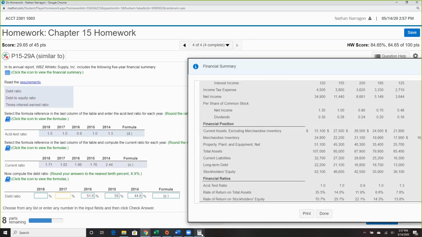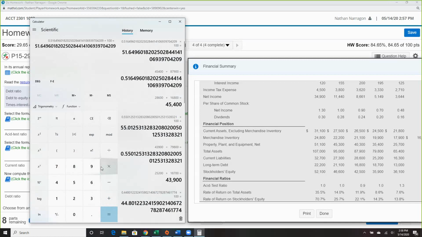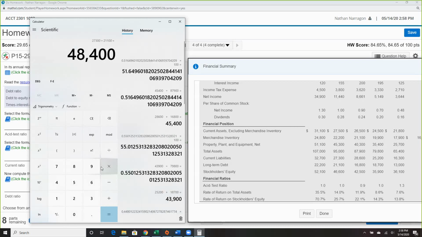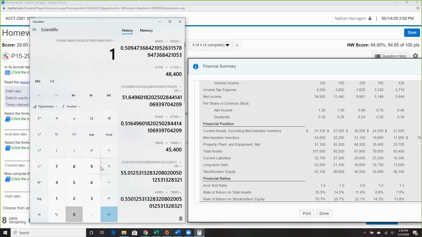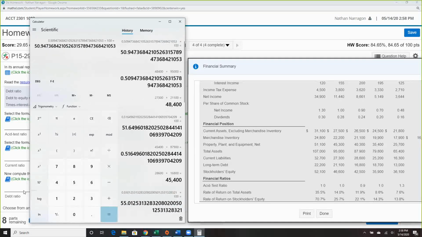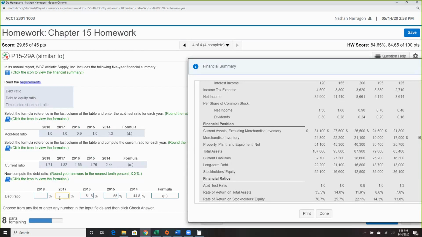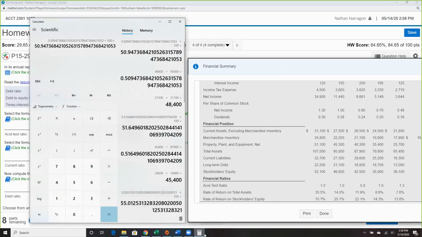Okay. 17, 27,300 plus 21,100. Okay. Divide by total assets of 95,000. It's like 50.9. And then last, 18.